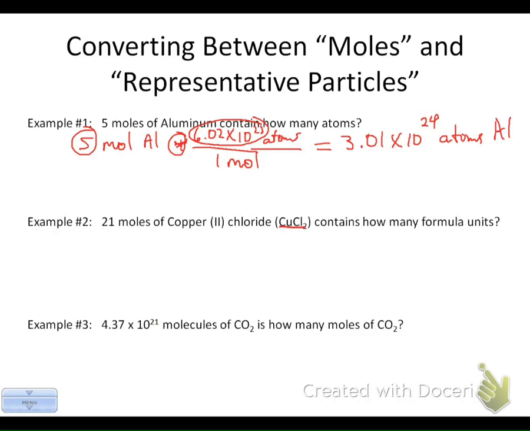Well, we're going to set it up the same way: 21 moles of copper 2 chloride times moles on the bottom. In 1 mole, so we want moles to cancel, in 1 mole there are Avogadro's number of things, and this time formula units.